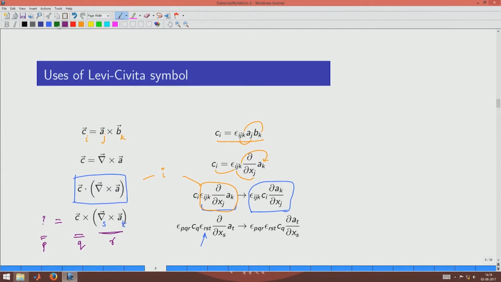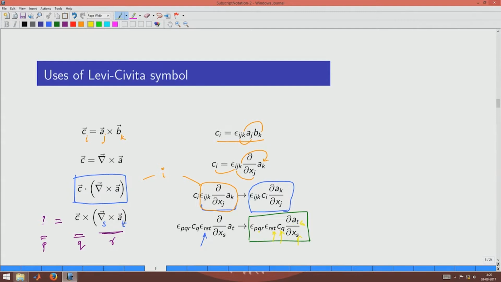We then use the idea that we can move epsilon in and out of the terms, so we can write the expression in this manner. Here I repeat once more: if you see how many indices are repeated and how many are free, Q is repeated, R is repeated, S is repeated, T is repeated.